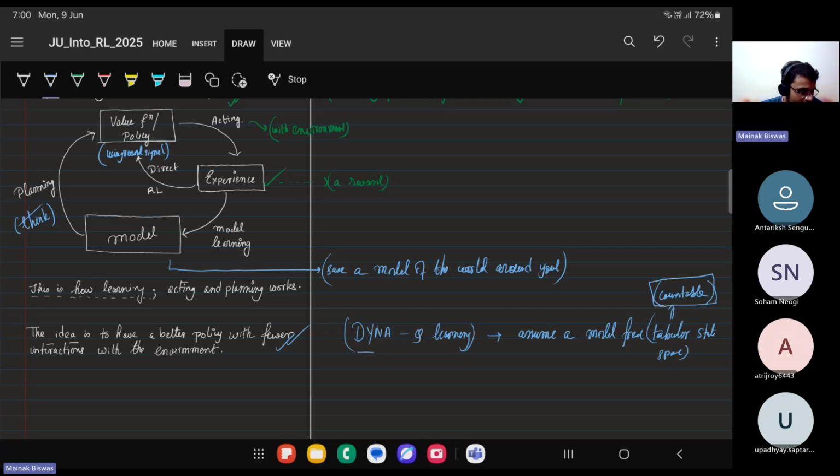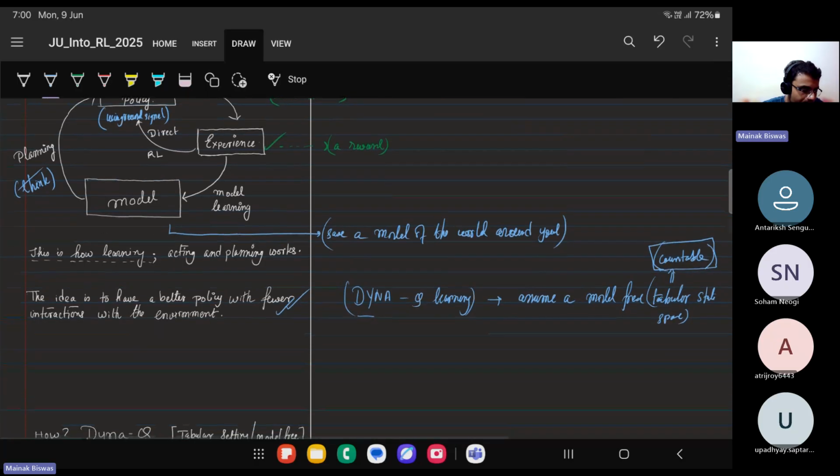You're absolutely right, that is a good analogy. But first, without even going into that complexity, let's try a tabular case and then understand what is happening. So normally in model free Q learning, what do we do?